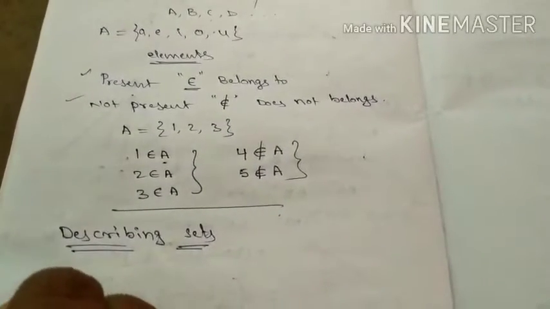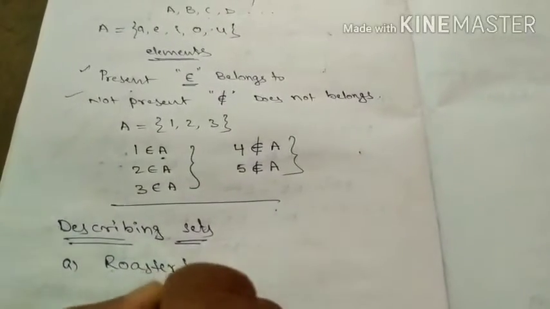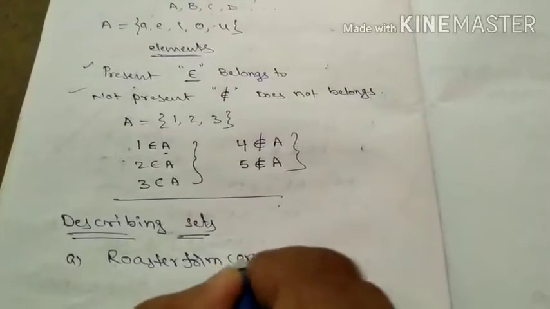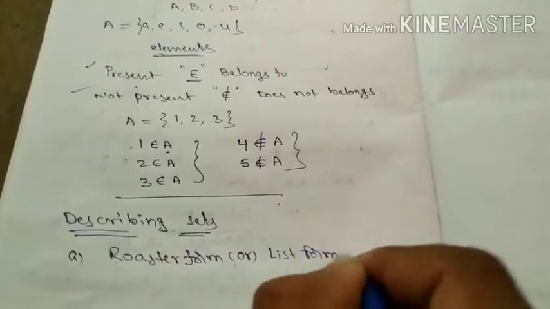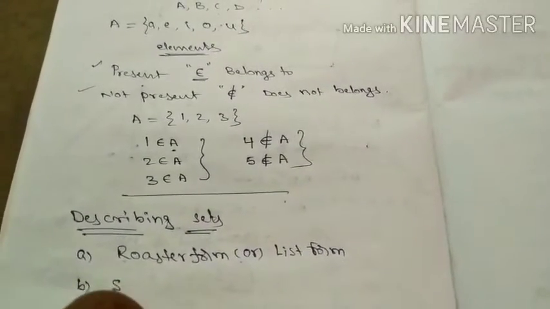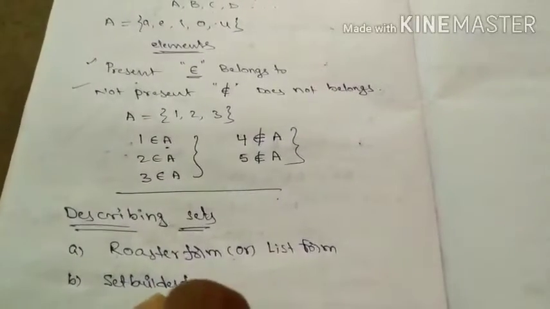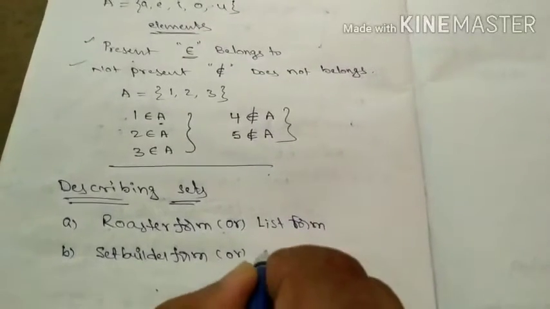One is roster form, it is also called list form. The second one is set builder form, or characteristics form.